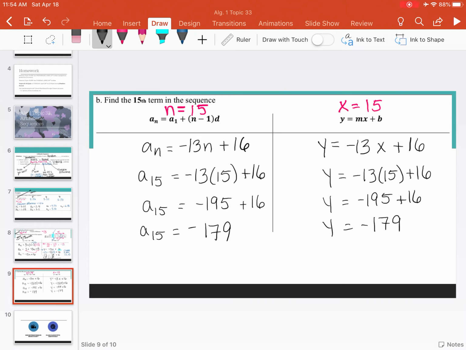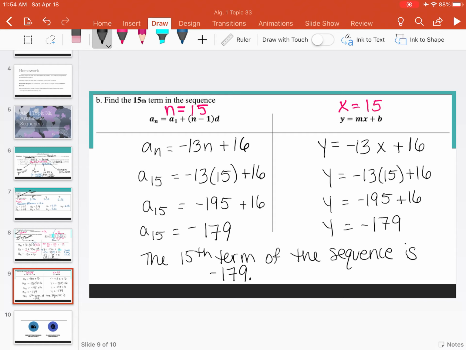Without continually subtracting 13 every single time in order to get the 15th term, we can just plug it in. So the 15th term of the sequence is negative 179.